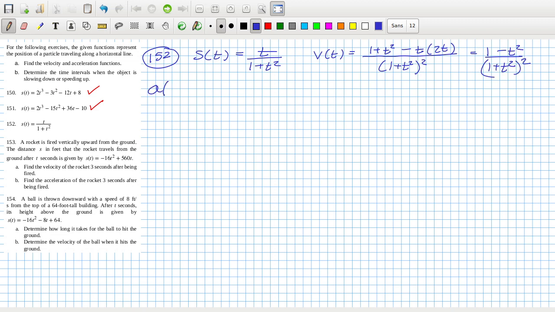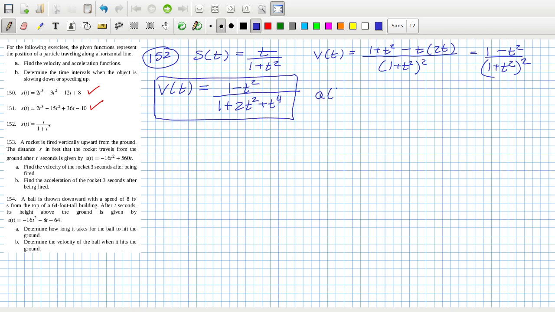And then the acceleration would be the derivative again. So I think what I'd like to do is actually expand out the bottom. So the velocity will be 1 minus t squared over 1 plus 2t squared plus t to the 4.